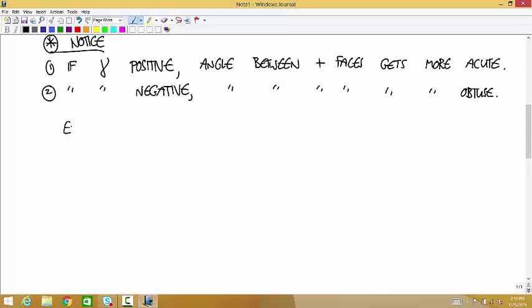Let's do an example. So let's say that we start out with this, where these are all right angles. And say we're using a coordinate system with the x-axis that way and the z-axis this way.